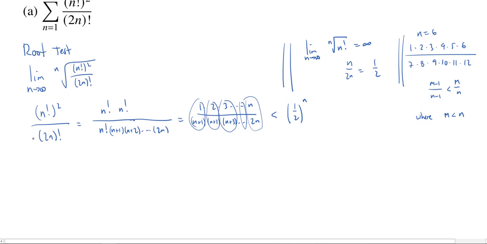And so now, the limit of the nth root has to be bounded by the limit, as n goes to infinity, of the nth root of 1/2 to the n. And now the n's cancel, and I just get 1/2. Okay, since this is less than 1, the root test tells us that the original series converges. So this implies convergence.